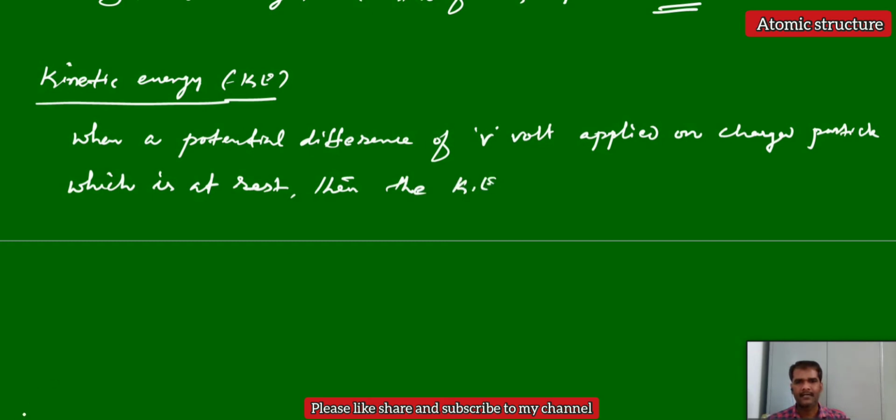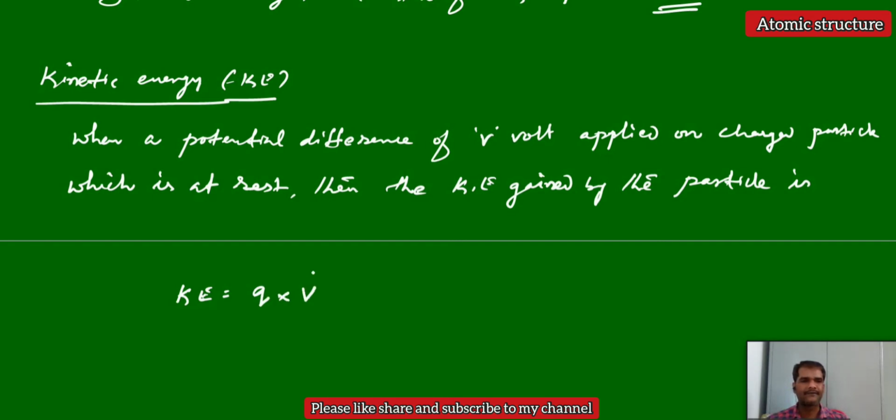then the kinetic energy gained by the particle is, we have the formula, kinetic energy is equal to the charge on the particle into the potential difference applied.